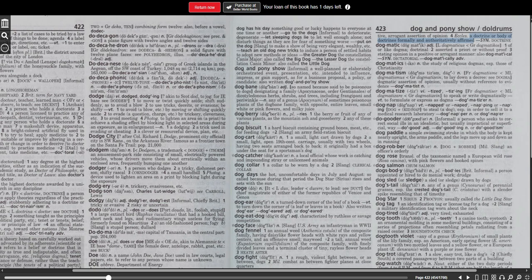A doctrine or body of doctrines formally and authoritatively formed. Affirmed. That's what your so-called books, your holy books, are.